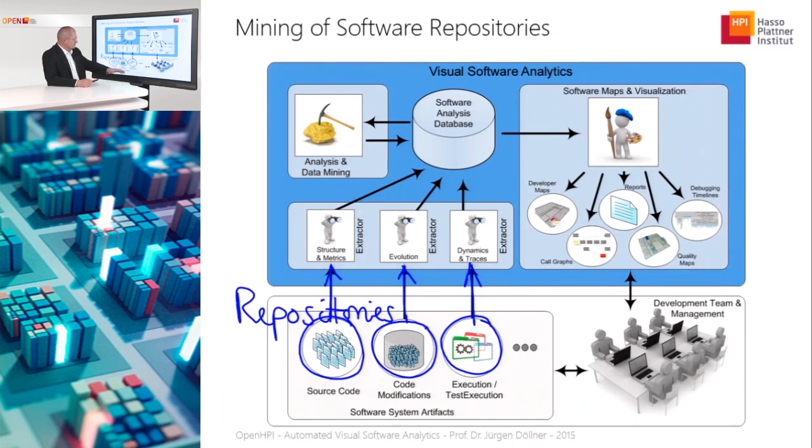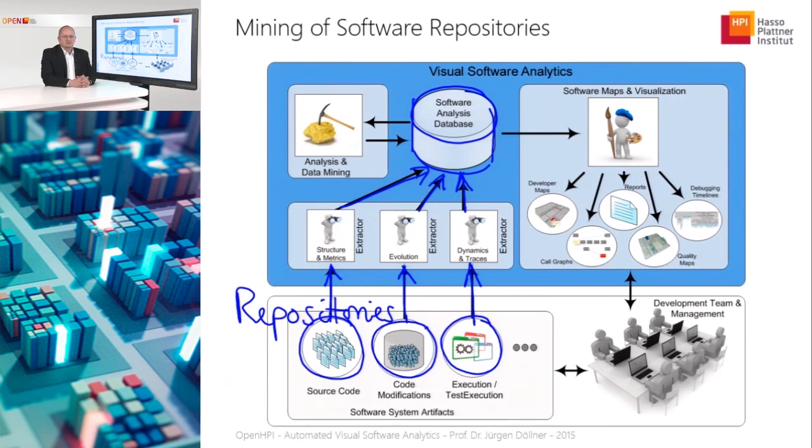They crawl through a software repository, say read a software repository's contents in order to extract different kinds of information that go to the central software analytics database, which in a sense gathers all the information but in a condensed form.